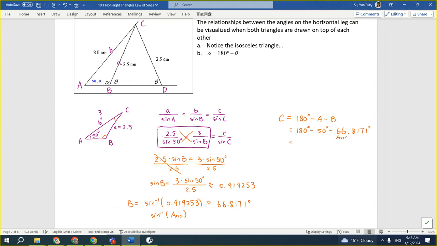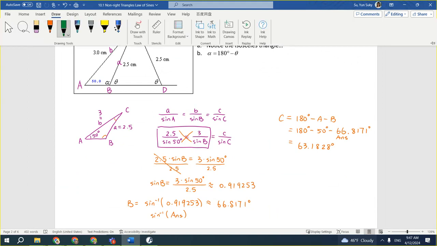By the way, if you use your calculator, you can press the answer button, then you don't need to type the long number. So what is your C? 63.1828. Thank you. So that is the angle C. Right, everybody? Wonderful.